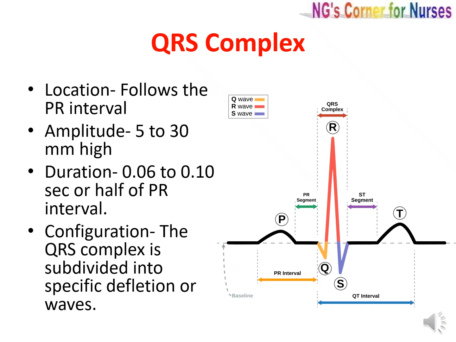The location of the QRS complex: it follows the PR interval. The amplitude is 5 to 30 millimeter height. Duration is 0.06 to 0.10 second or half of PR interval. And the configuration, the QRS complex is subdivided into specific deflections or waves.